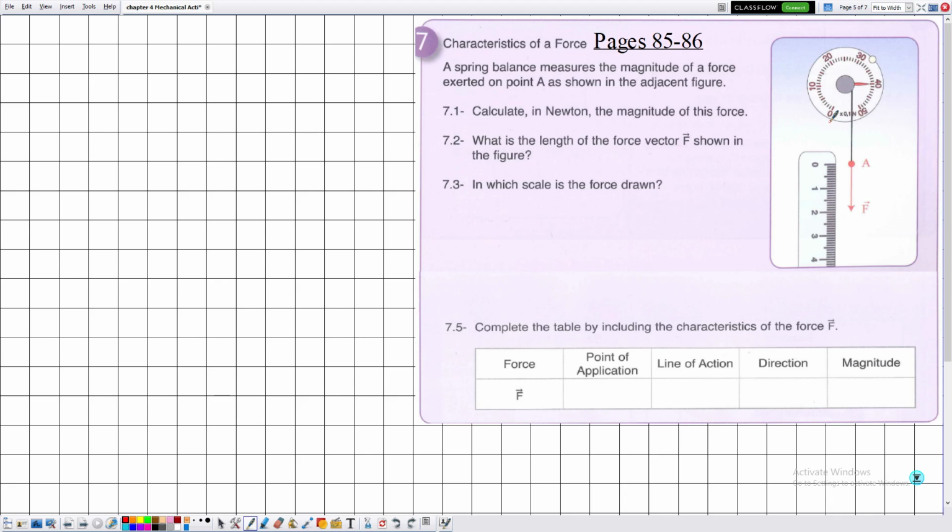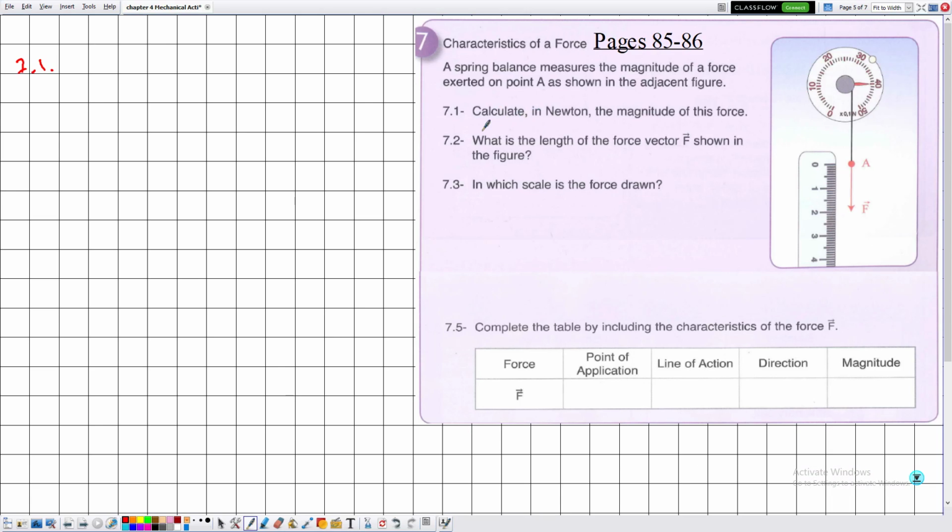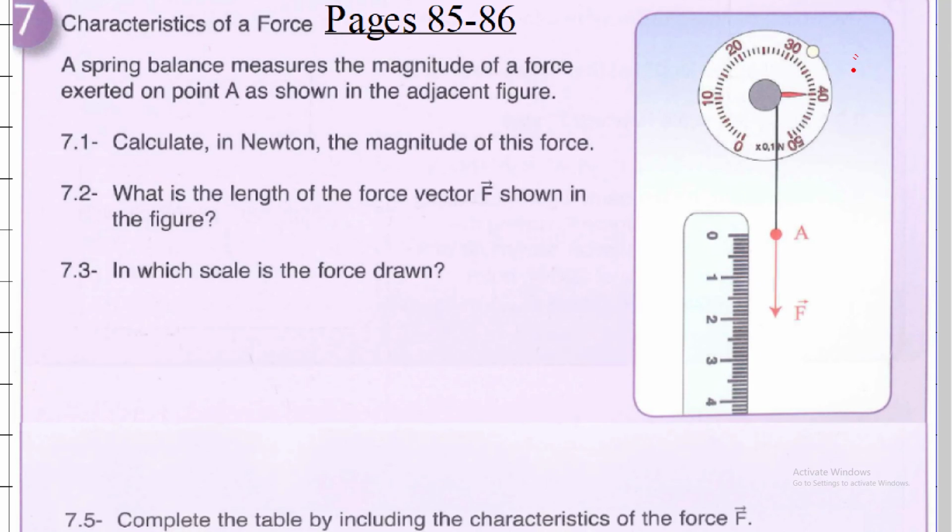They are telling me a spring balance measures the magnitude of a force exerted on point A as shown in the adjacent figure. Now in 7.1 they are telling me calculate in newtons the magnitude of this force. And by calculate it means that the answer of this part involves calculation. Now the magnitude can be determined by referring to the indication of the spring balance. Notice that it's indicating 40.